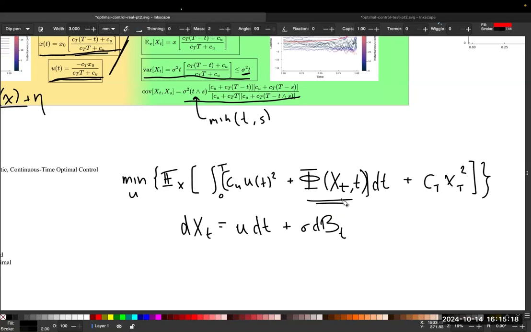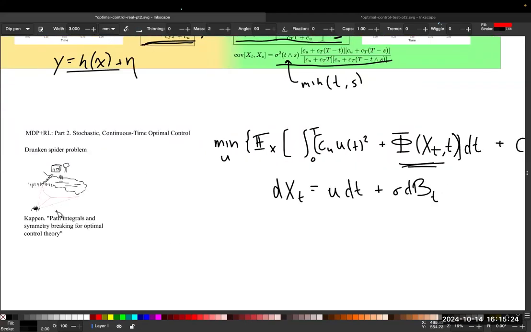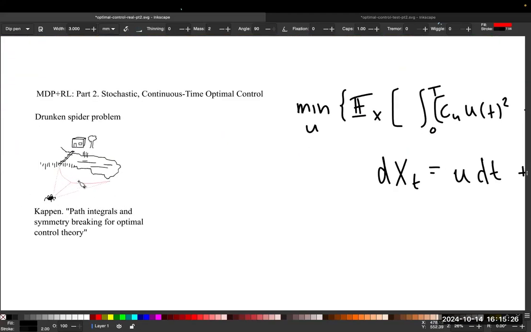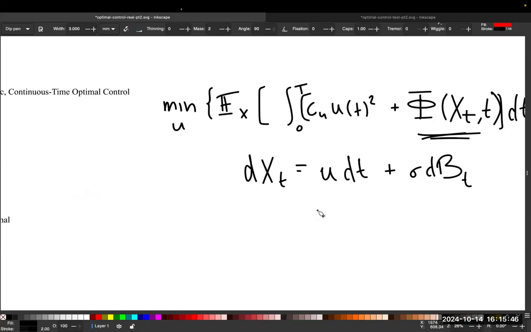This is the new term that we have here. The reason we want to include this is we want to look at a problem like this drunken spider problem, where if we enter this body of water, we're going to suffer some extremely high, potentially infinite costs. We can capture this arrangement and more general arrangements by including this phi term here.